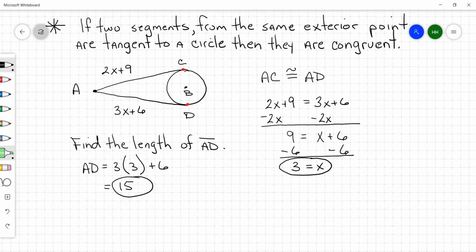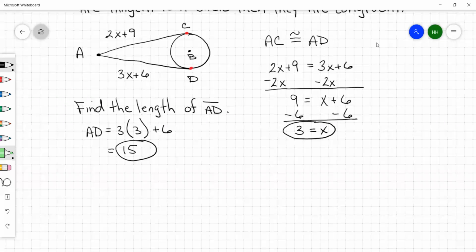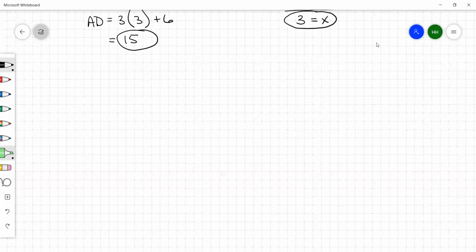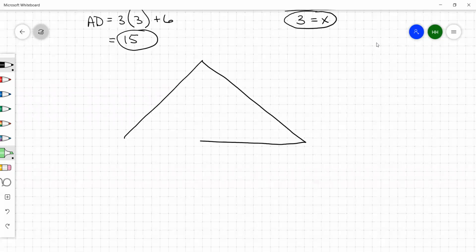Let me show you one more thing. Let me see if I can draw this. I'll try to do this kind of quickly. Here's another application of this rule.